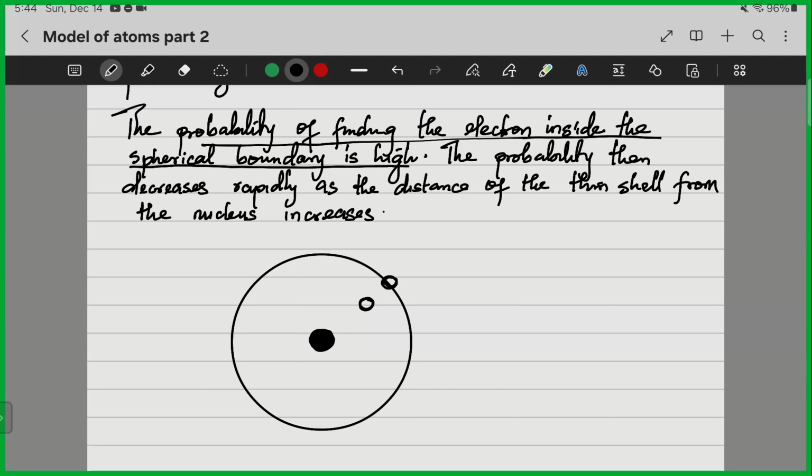Let me use a green. So you can easily find an electron here than here.